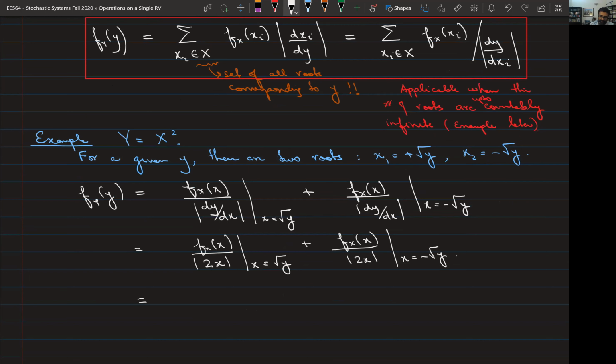And this is therefore 1 upon 2 root y fx of root y plus 1 upon 2 root y fx of minus root y.